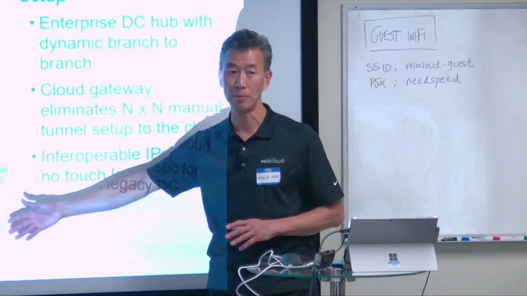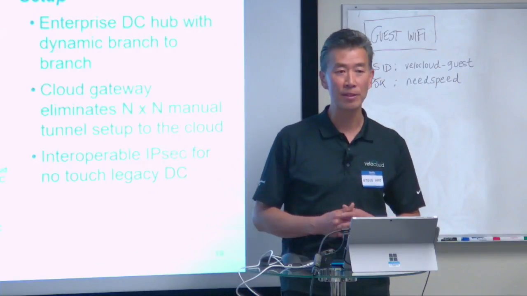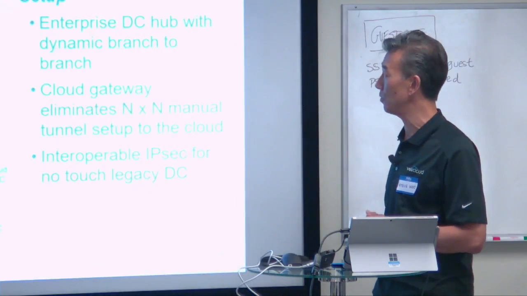Another key simplification is, again, workloads are moving to the cloud. If you're using infrastructure as a service, VPN setup. So VPN setup from the branch to enterprise site, obviously, it's fairly easy today because you normally manage both ends.